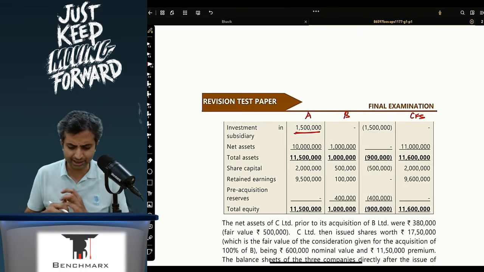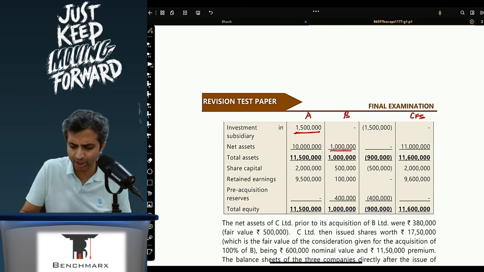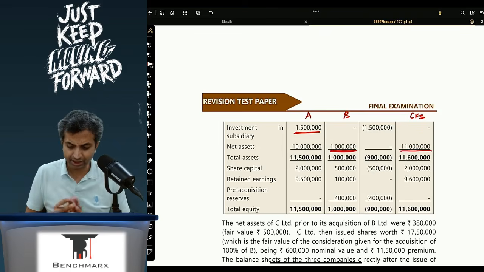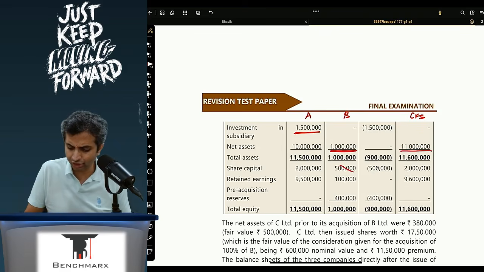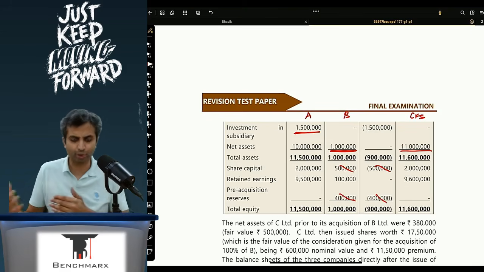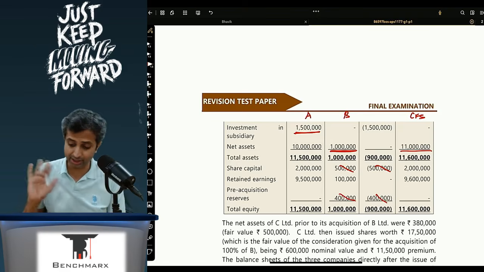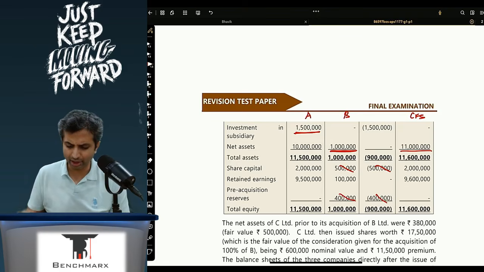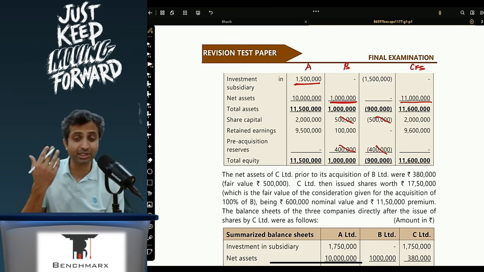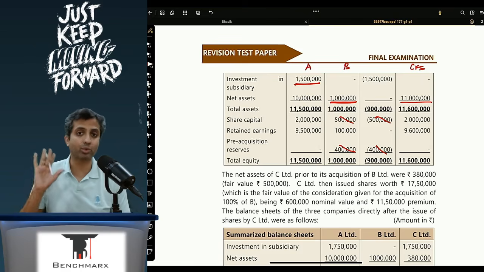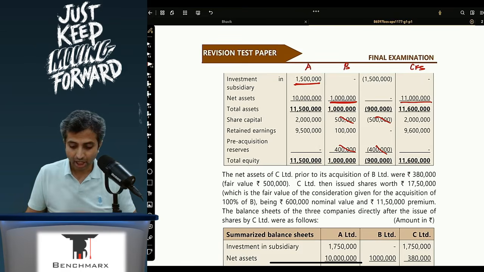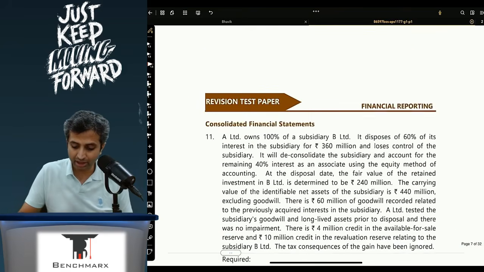Investment of 15 lakhs gets eliminated, and net assets, as you can see today, B has 10 lakhs of net assets which is getting consolidated into A's CFS. B's share capital gets eliminated, B's pre-acquisition reserves get eliminated, post-acquisition it had around 1 lakh, I had a 100% stake, and hence 1 lakh got consolidated. That's fine. Even if this balance sheet was not given, my question solution remains the same. So B's story ends here.